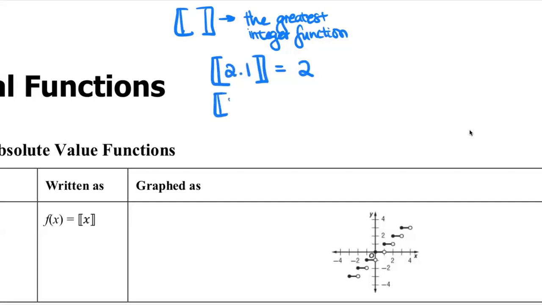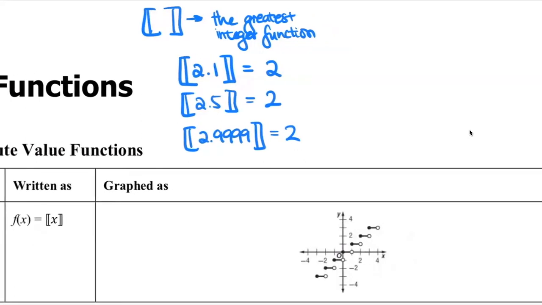Same thing if I do 2.5. Closest integer, but without going over, is also 2. Even if I have 2.99999, closest integer without going over is still 2. All right, so that is what that function does. Let me give a few more examples. Let's say 0.9.